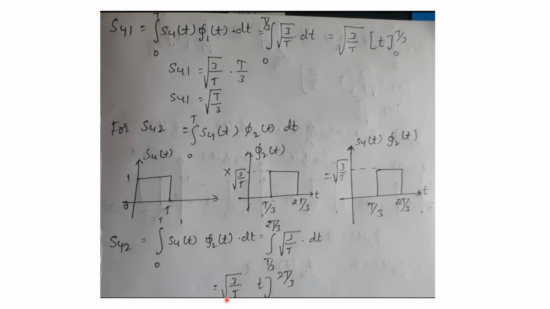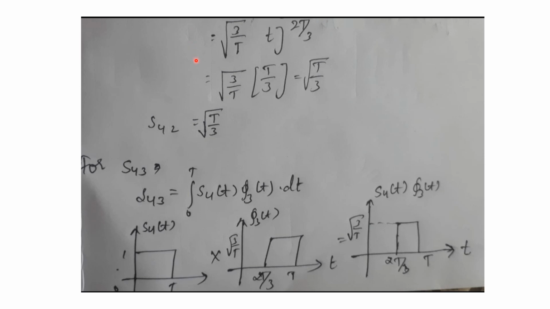We have square root of T by 3 by T into t, with the integration varying from T by 3 to 2T by 3. Now we get s42 is equal to square root of T by 3 after simplification.